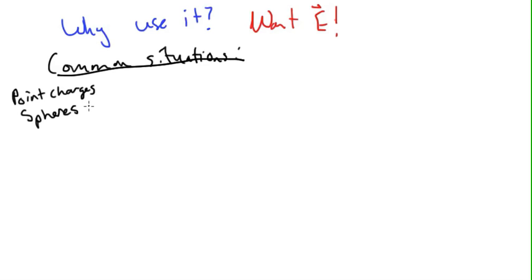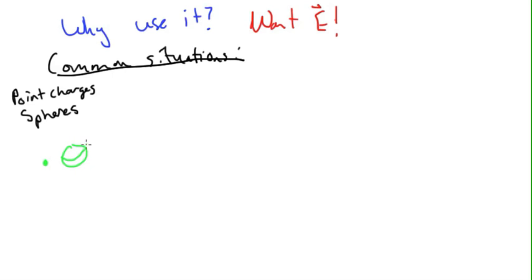These could be either uniformly dense charged spheres or they could be conducting spheres. It doesn't necessarily matter. All they need to do is have spherical symmetry, so it could be a dot, or it could be a little ball.